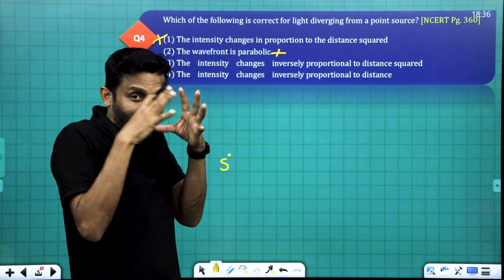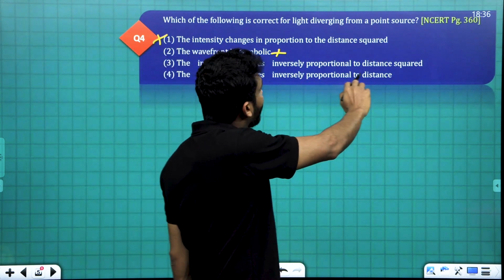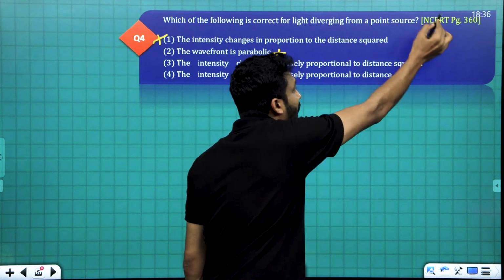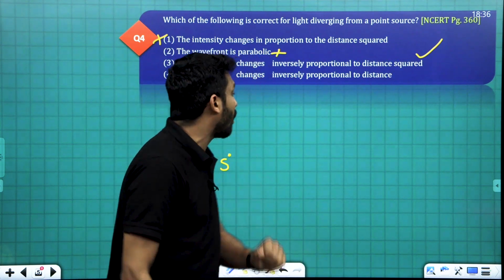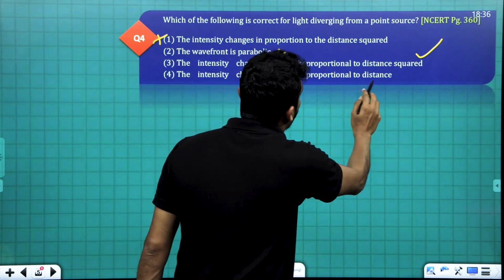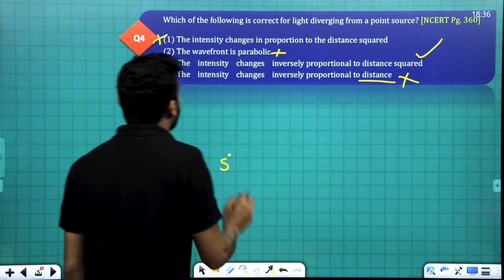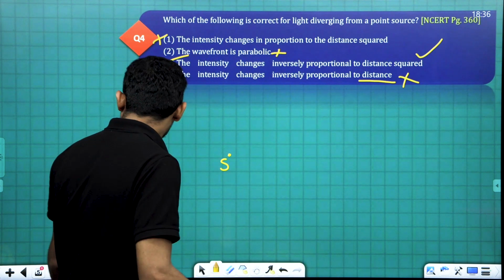Wavefronts are spherical. The intensity changes inversely proportional to distance squared. That is true. Intensity is proportional to 1 by r squared. The intensity changes inversely proportional to distance is incorrect. Our answer is the third one. Okay, next.